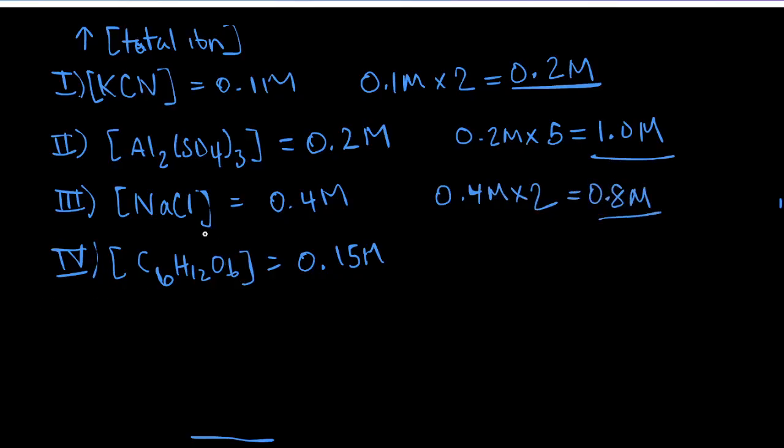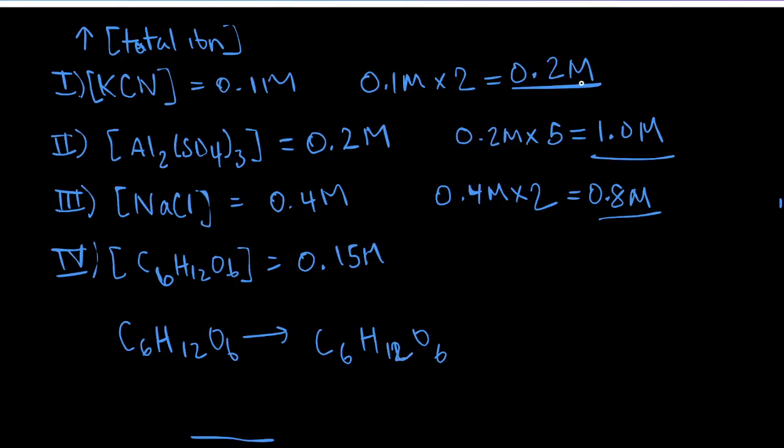And finally, we're looking at our glucose. This is actually a bit of a trick. You can see all of these elements, in rather large quantities, that make up just one molecule of glucose. But really, this is actually not an ionic compound, meaning it will not actually dissociate into ions. So this glucose is really just going to stay in this form in solution. It's not going to break up into ions like these others do.